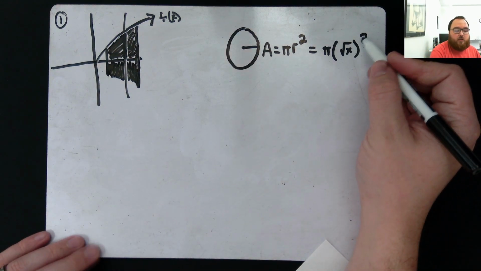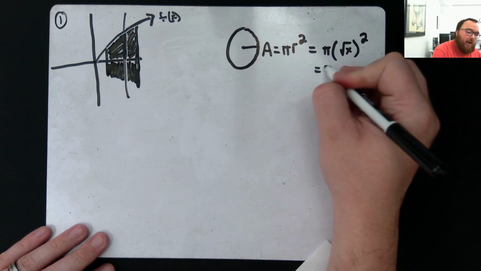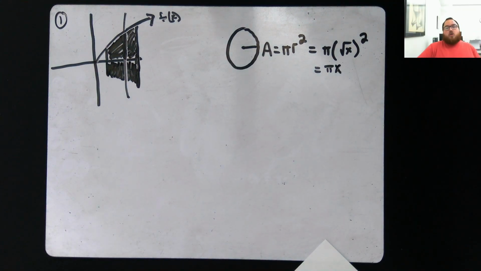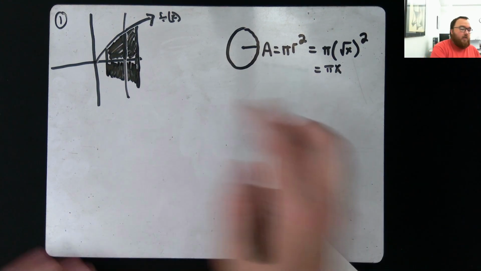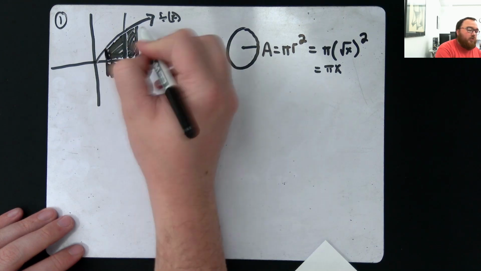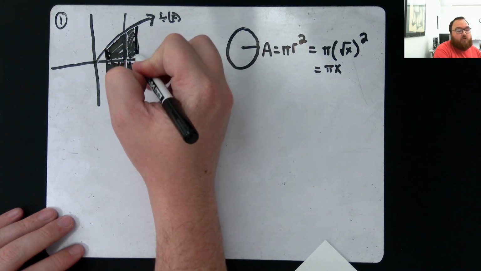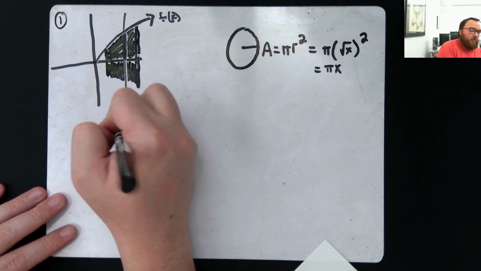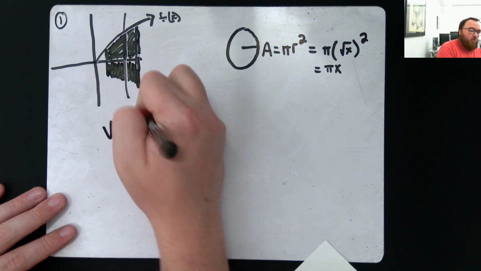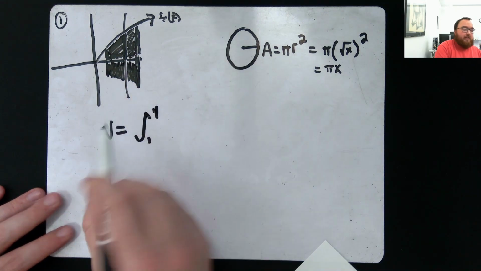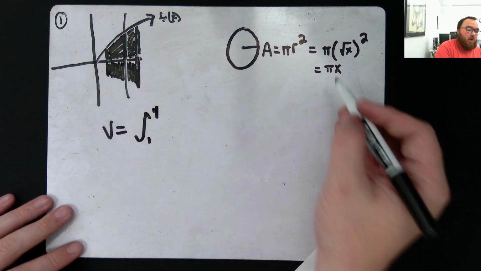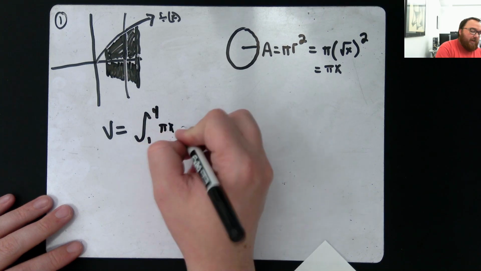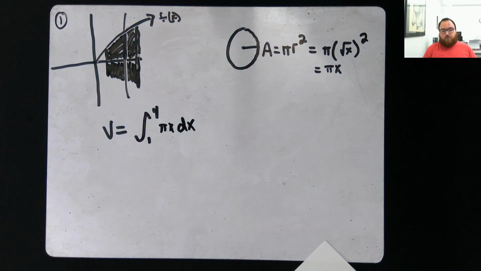Square root of x squared is just x, so this is pi times x. So I'm going to be doing that from x equals 1 to x equals 4. Therefore, the volume is going to be the integral from 1 to 4, again, because that's where I start and stop, of pi x dx.